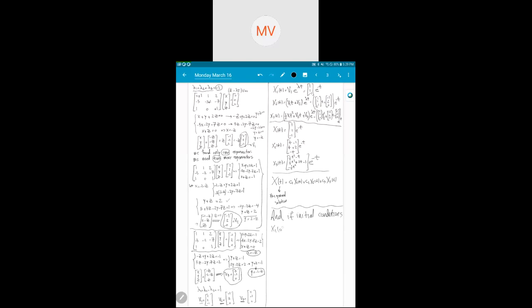Conditions, you know, x1 of 0 equals a, x2 of 0 equals b. Yes, in that case, you're going to have to find the proper values of C1, C2, C3.